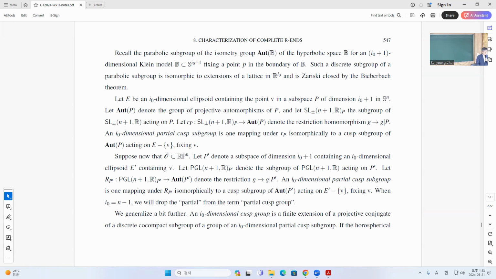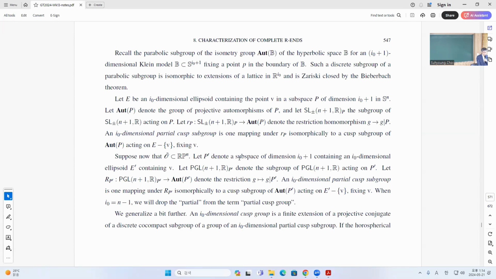So P is really a subspace, and it has to act on this ellipsoid. Then this is the cusp group. I should say that this ellipsoid is contained in some hyperbolic space, and then this cusp group is the cusp group that is in this Aut(P).